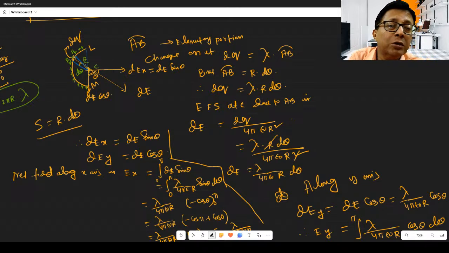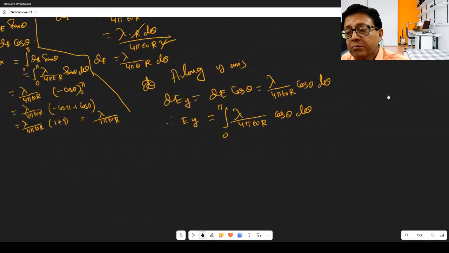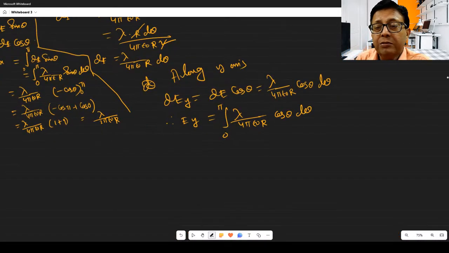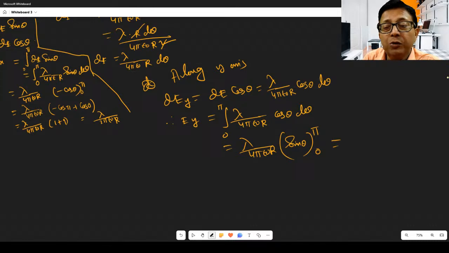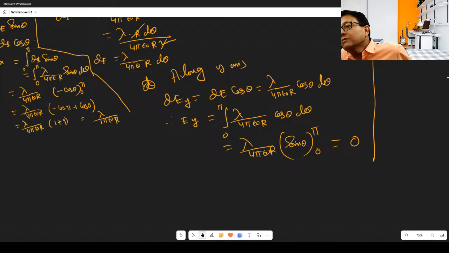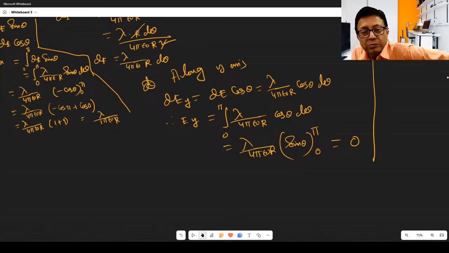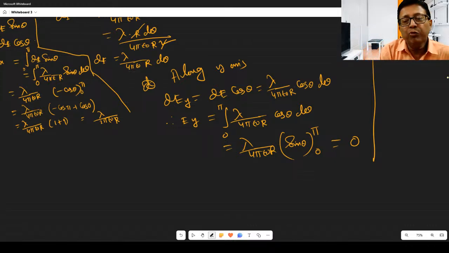Initially it is 0, then 0 to pi. Same. Now do it. Lambda by 4 pi epsilon 0 r, sin theta from 0 to pi. Sin pi is 0, cos pi also 0, so answer is 0. Isn't it? So the value of Ey equal to 0.